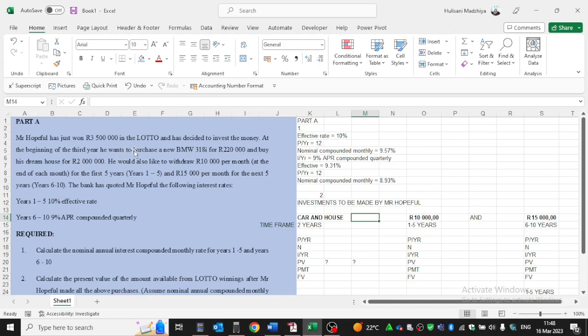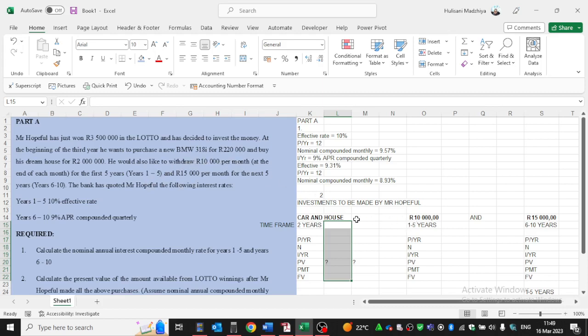So this is within 2 years. Therefore we're going to have an investment for 2 years, for the car and the house. That will be the time frame for the first investment. And then the second investment within 1 to 5 years is the one where he gets to withdraw 10,000.